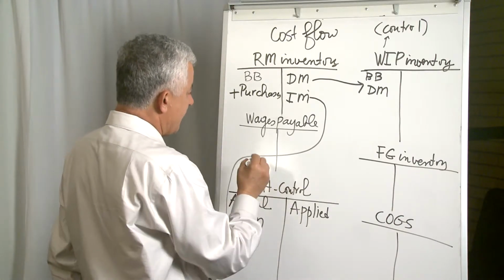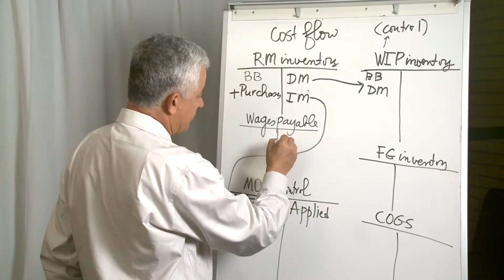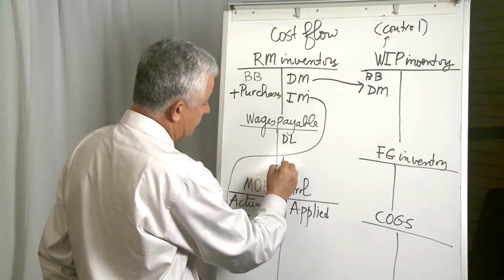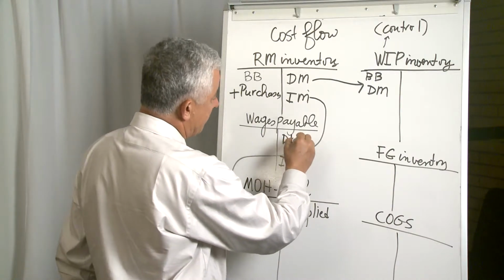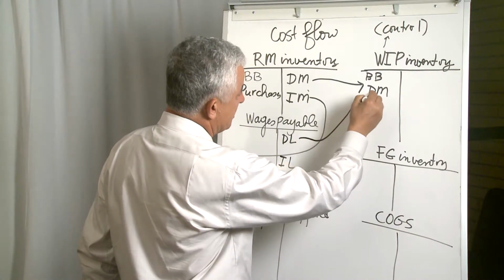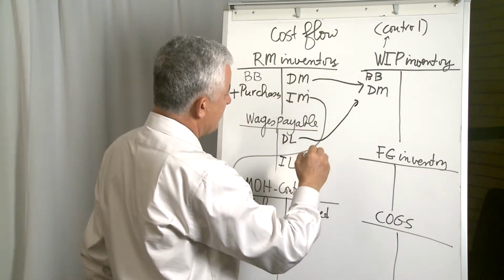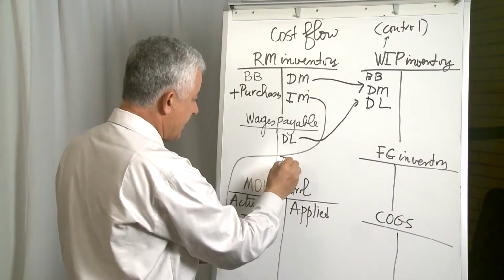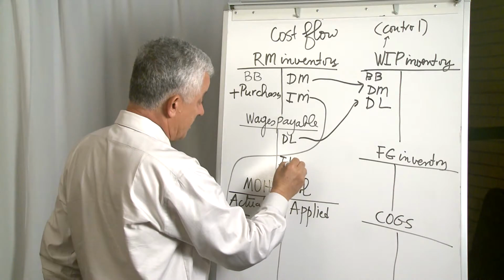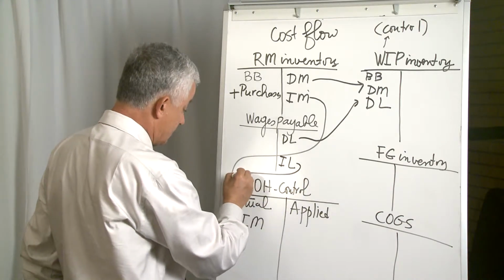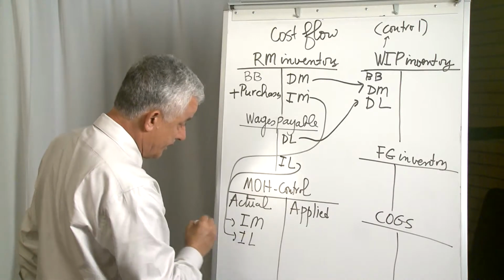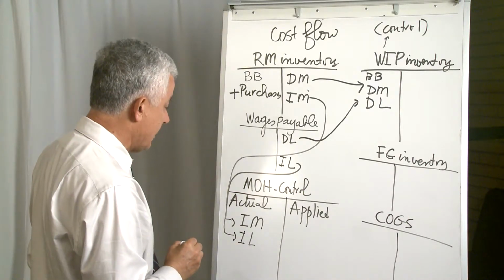The same for wages payable. We have direct labor, DL stands for direct labor, and we have indirect labor. The direct labor will be used to transform the direct material into finished goods. And the indirect labor, which is part of overhead cost, will be debited here in the manufacturing overhead control account.